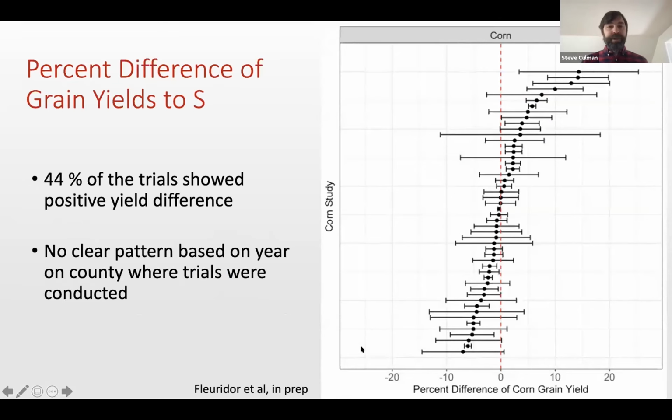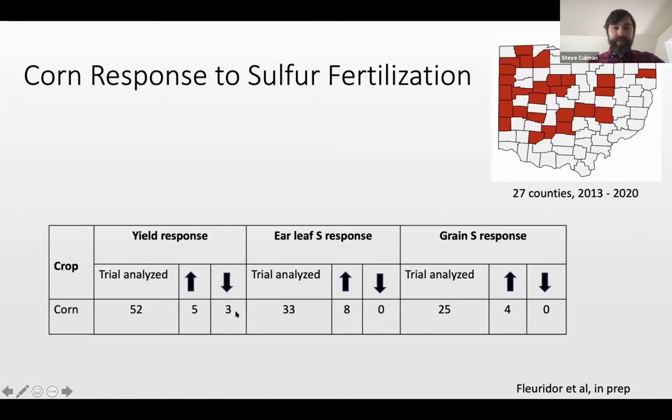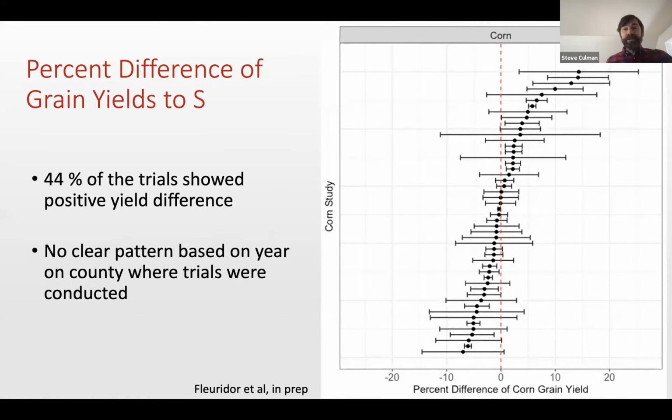Then I'll share this graph. The table talks about statistically significant responses, but what if we're only at a couple of bushels or 5 bushels and we see a lot of variability between reps? We might not see that as statistically significant. So let's look at it in terms of the numbers, calculated as a percent difference.